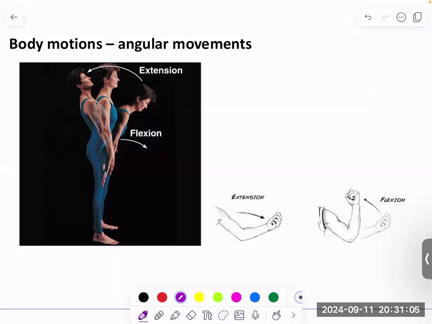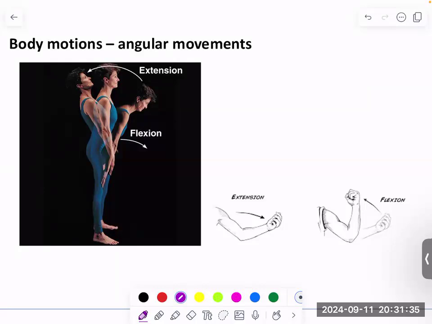Someone's going to say, this is flexion of the arm. Wrong. Flexion of the arm. Flexion of the forearm. You have to be able to use the terms appropriately. Flexion of this part.